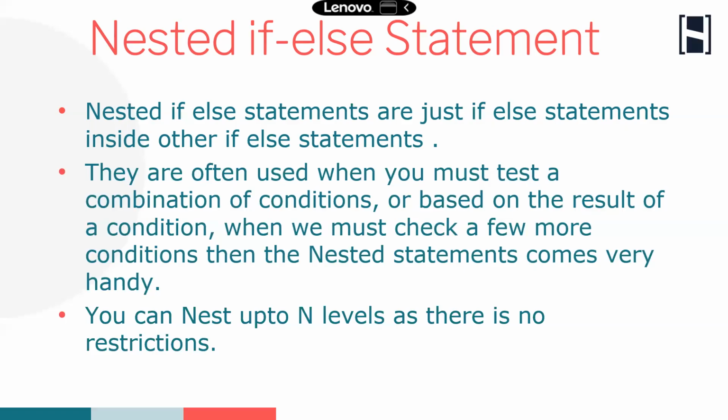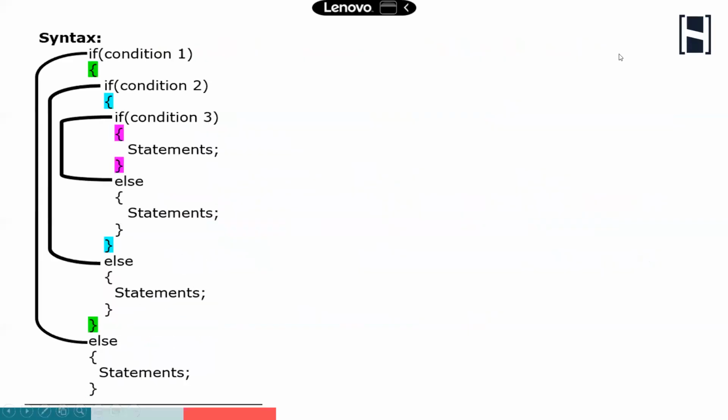Now, let us look at the syntax, how we are going to create it. The syntax will look somewhat like this. Understand what I said: nested means writing one if-else inside of another. When you notice here, this is the opening of the first if condition. Where is this opening being closed? Here at this point.